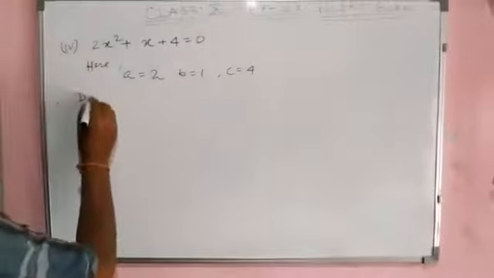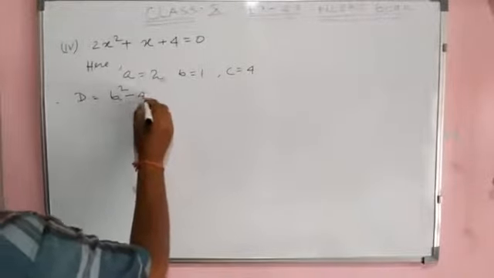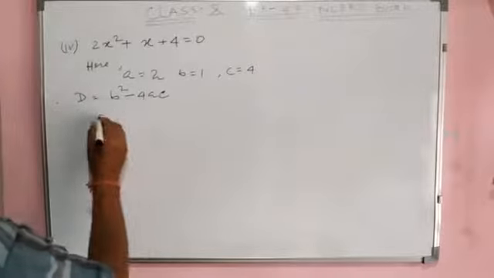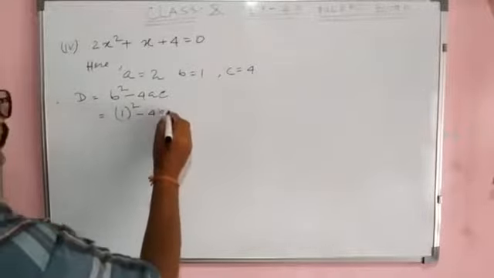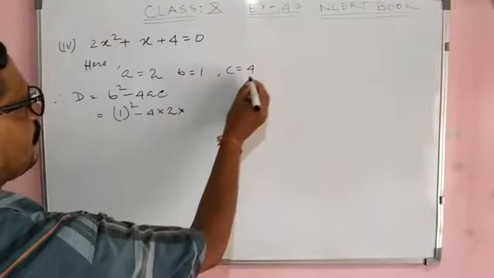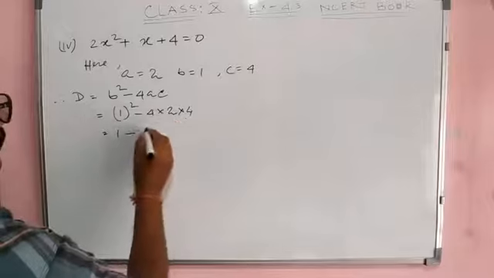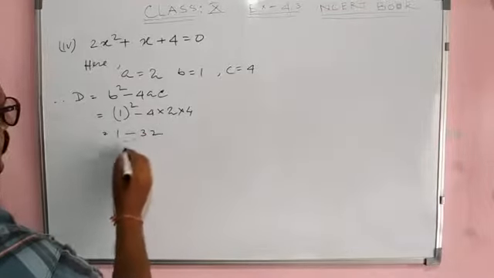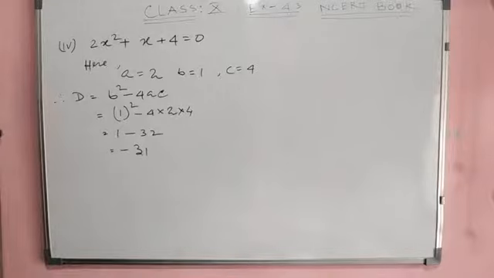Therefore D equals b square minus 4ac. So b means 1, minus 4 into 2 into 4, so it will be 1 minus 32. So it will be minus 31. So here you see the value of D is minus 31.